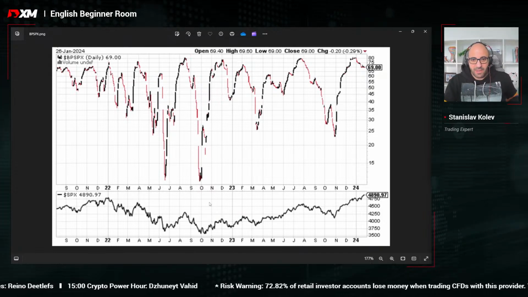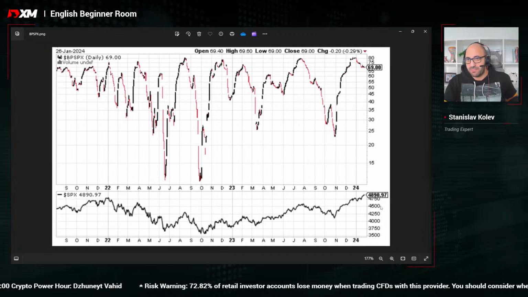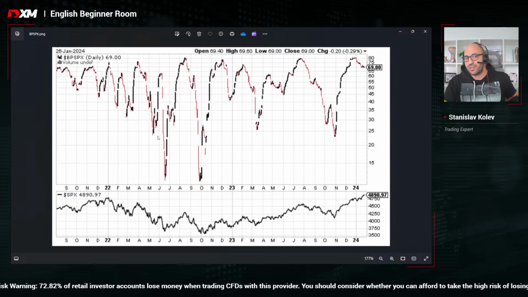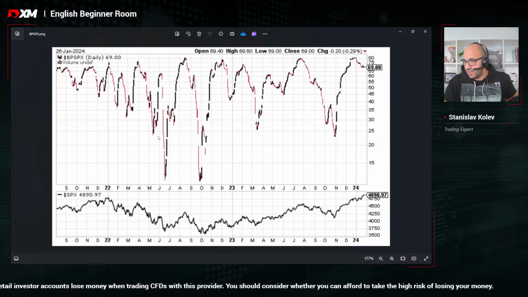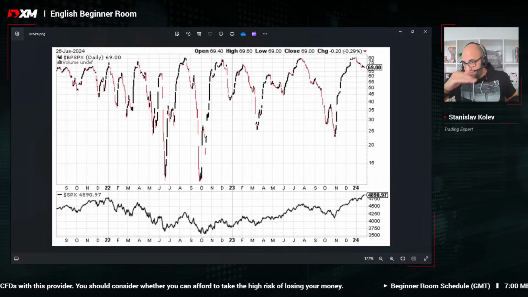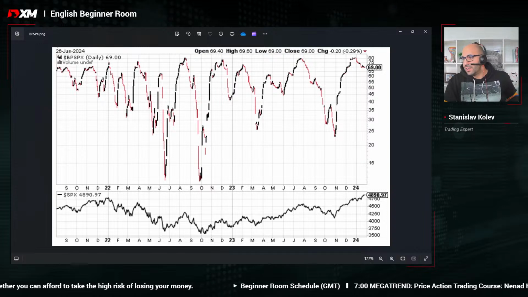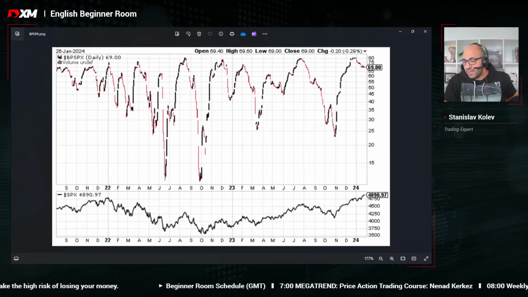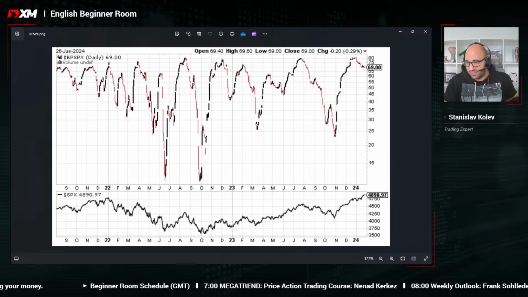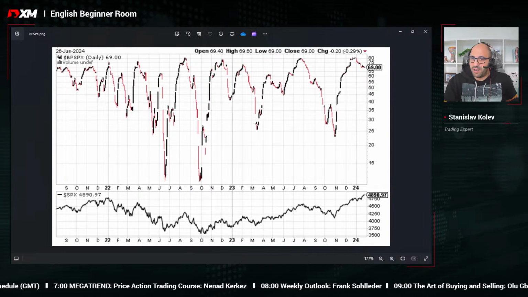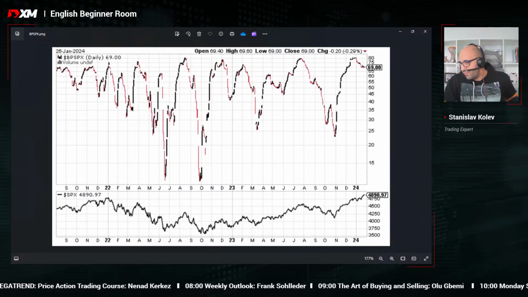So you could see here down below, you see the S&P chart, and up top, you see the bullish percent index. So the threshold is 50, as you could see here. And a reading above 50 means that more than half of the stocks of the S&P are in an uptrend, and the market could be considered strong, and vice versa.